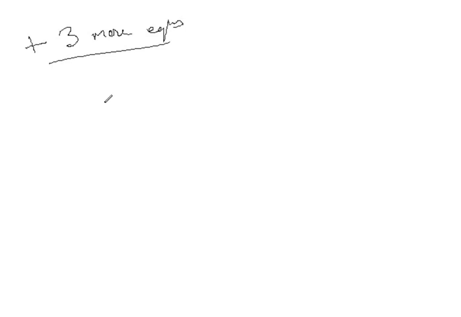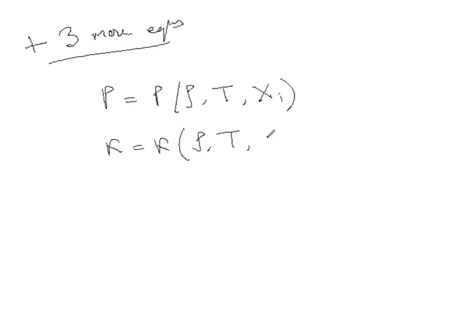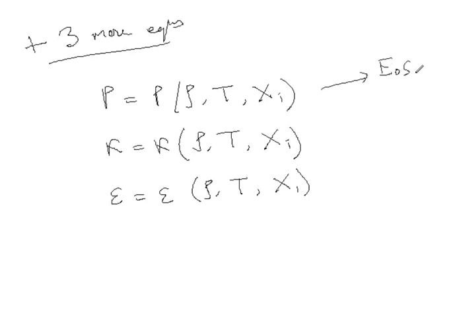So the three equations are basically pressure as a function of density, temperature and composition. Similarly, opacity as a function of density, temperature and composition, and then energy generation rate as a function of density, temperature and composition. Now this first one, we know by another name, which is the equation of state.